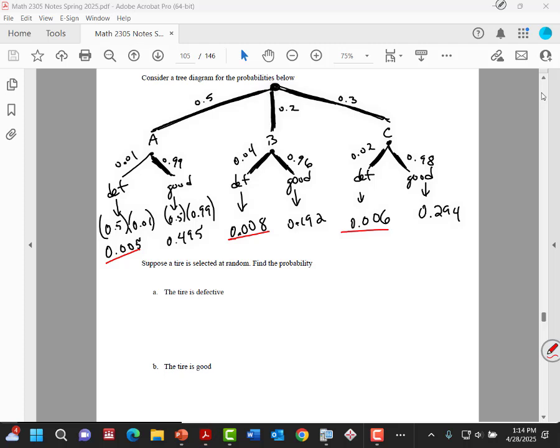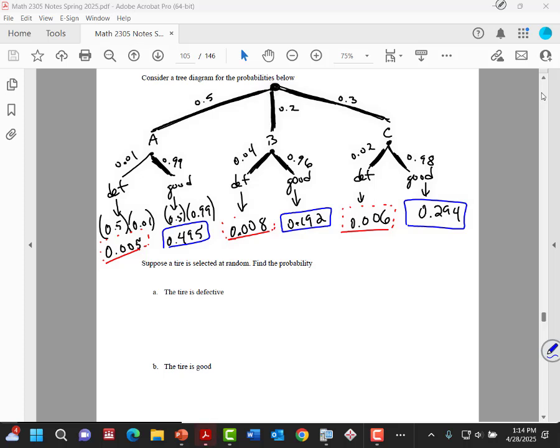These are the respective defective probabilities coming from their respective companies. And in blue right here, 0.495, 0.192, and 0.294 are the respective probabilities that the tire is good.